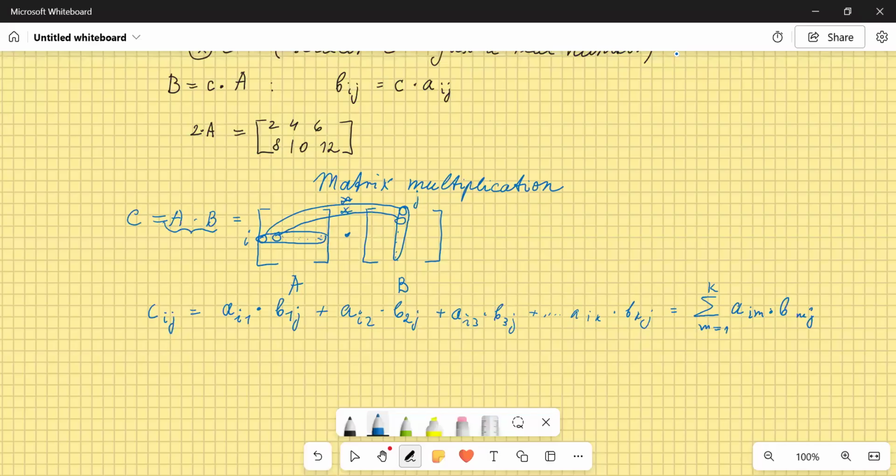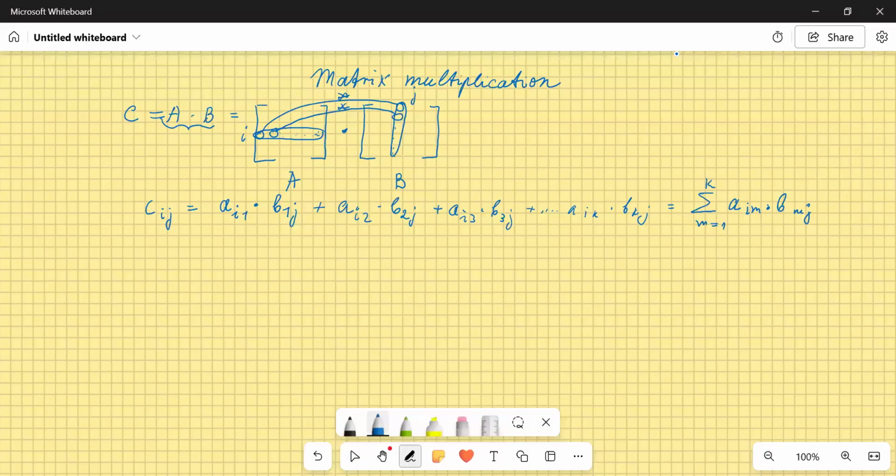Let's see how it looks in real life, and then maybe have some practice.